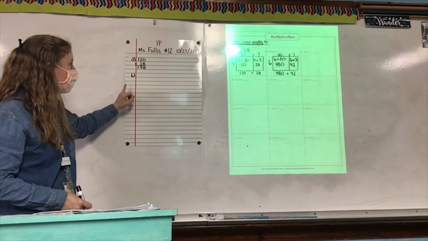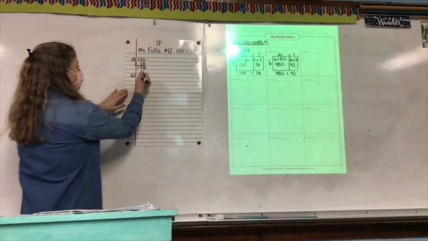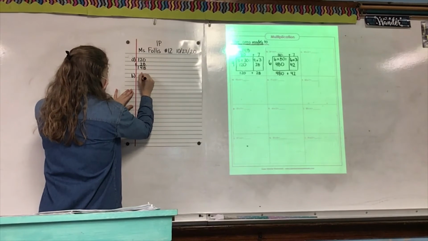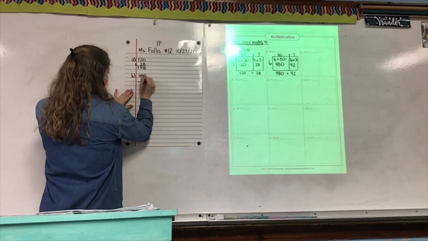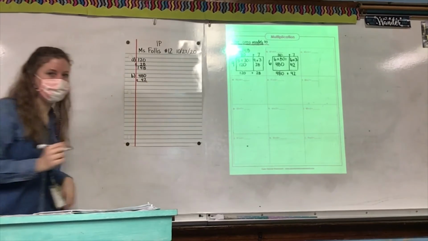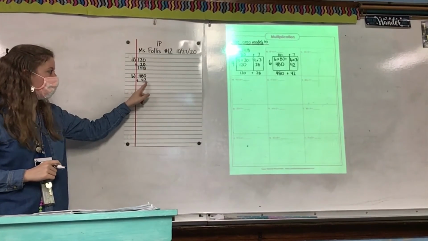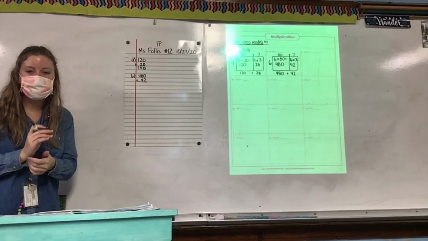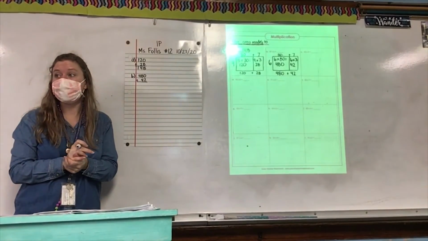So on my separate sheet of paper, I've got my number or letter, and then I'm going to add 480 plus 42. I made sure to line up my ones with my ones, my tens with my tens, and then I didn't need to line up my hundreds because I don't have 100 in both numbers.